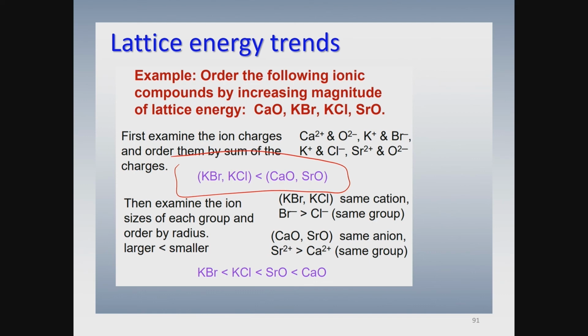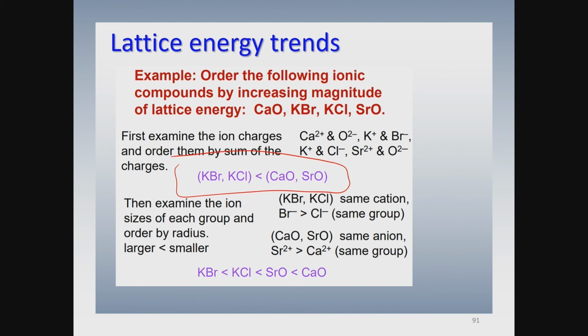But now we have to go a little bit further. We have to order those compounds within each case and put them in the right order. Here you have to remember the sizes of the ions. In all the cases, all the ions have a single charge.